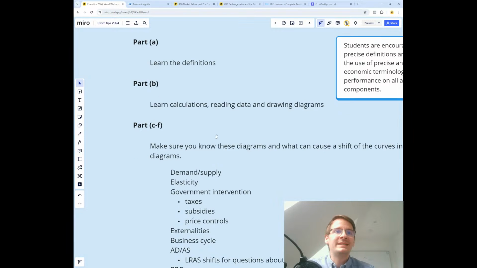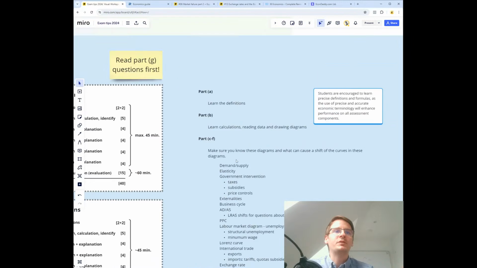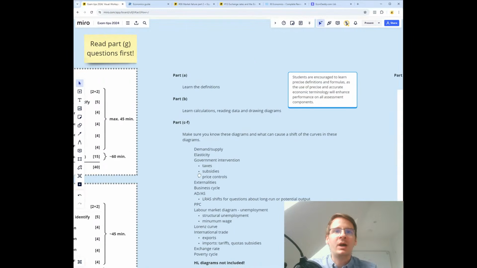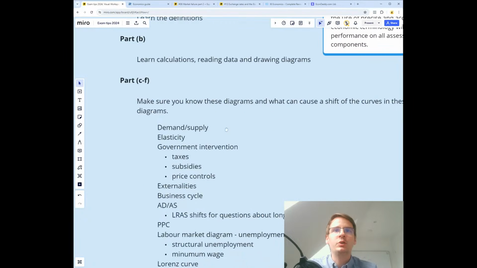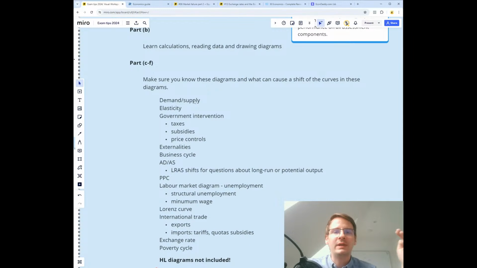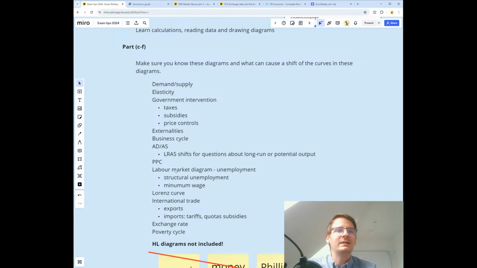Okay, so for part C and F, pretty much the most important section of this paper 2 before the part G, these 4-mark questions, make sure that you know these diagrams and what can cause a shift of the curves in these diagrams. I also collected one by one all the topics for which you have specific diagrams.